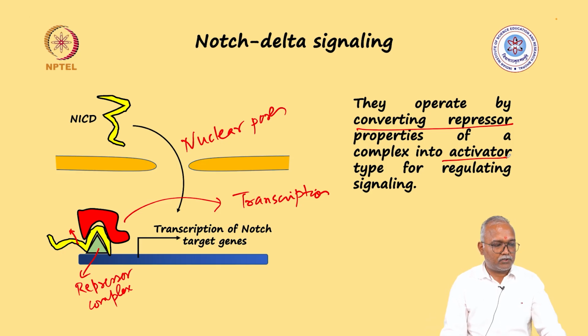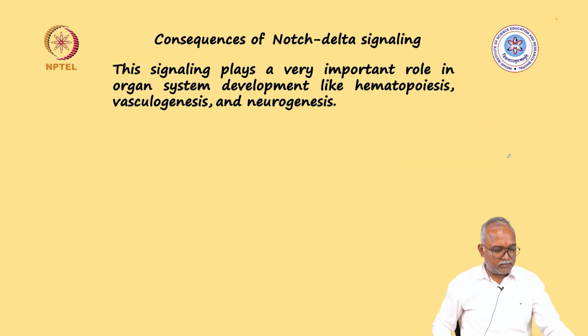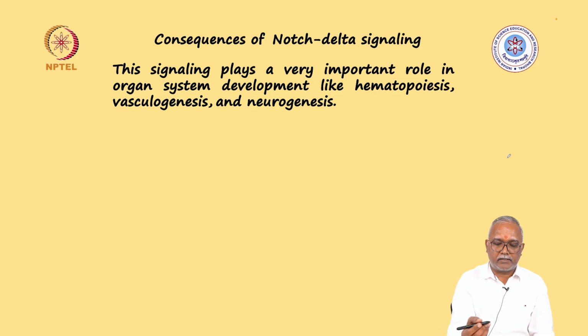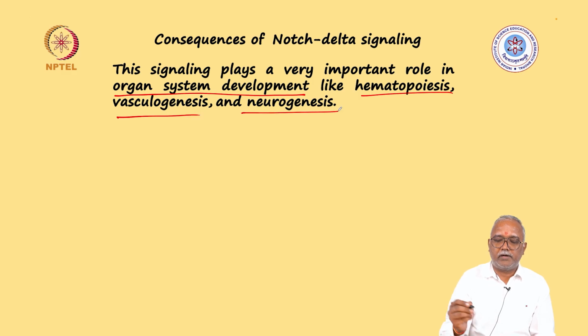So, what happens further inside Notch-Delta signaling and what are the consequences of Notch-Delta signaling? What is understood from several research studies and experiments performed in organisms, or the mutant analysis that has been done, suggests that they are important for organ system development like hematopoiesis, vasculogenesis and neurogenesis.